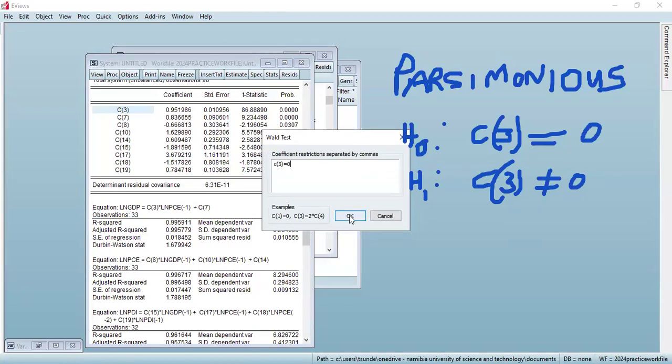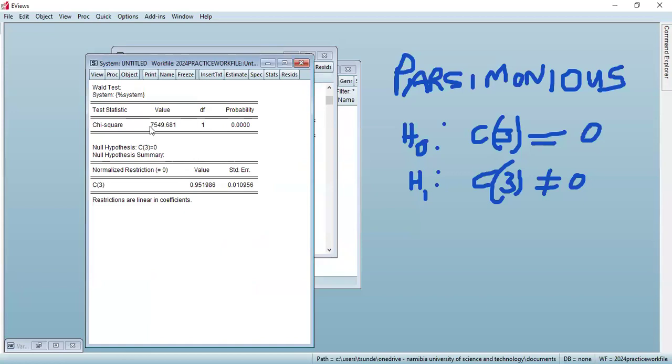I'm sure you can see the probability value, and the chi-square is very high. What is our conclusion? Those of you who were present in the previous class and even today, I mentioned that.